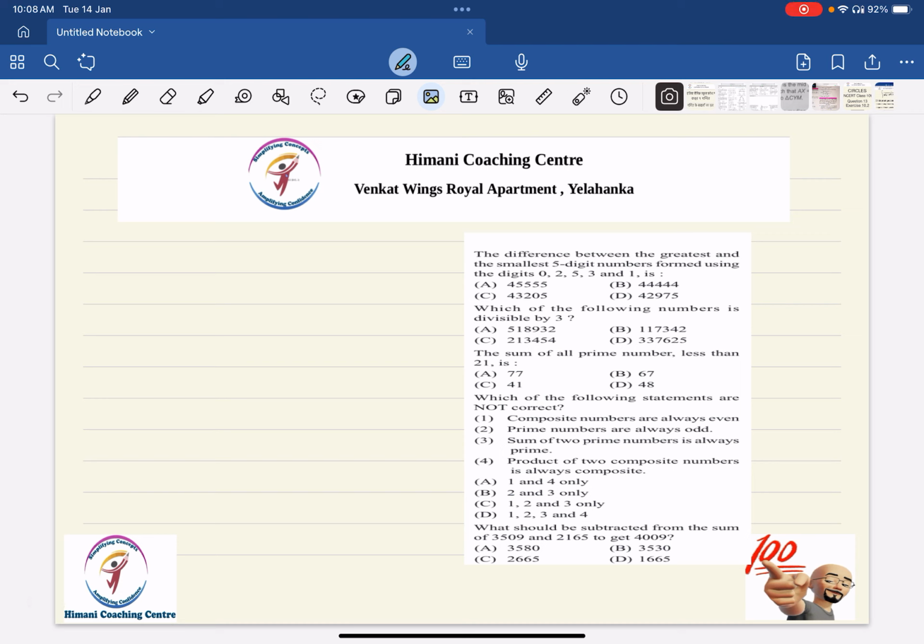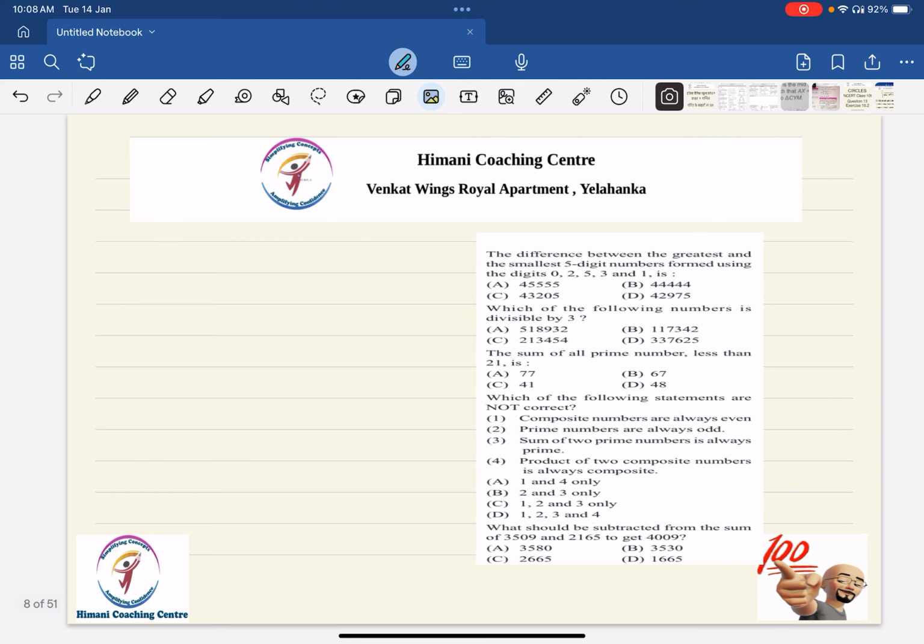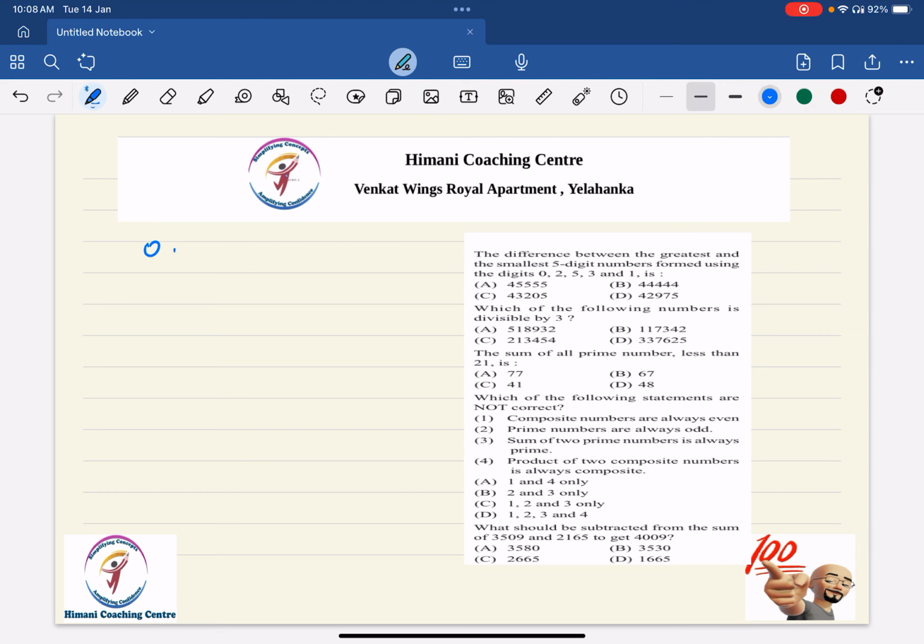It says the difference between the greatest and the smallest five-digit numbers formed using the digits 0, 2, 5, 3, and 1 is. Okay. So we have to form a five-digit number. Now see, we are given what numbers? Let us quickly write them 0, 2, 5, 3, and 1.